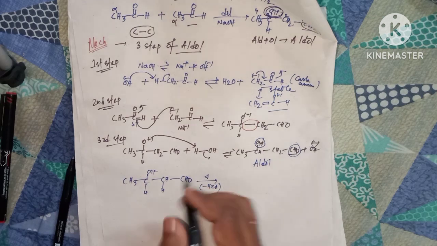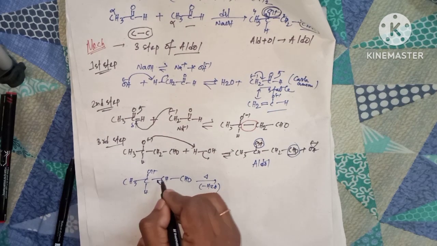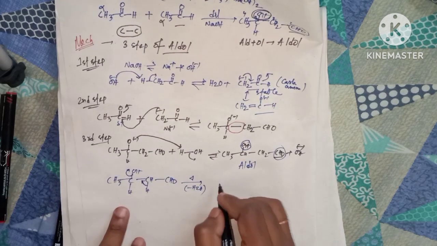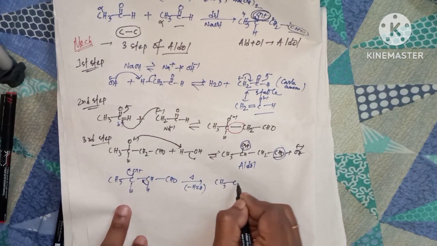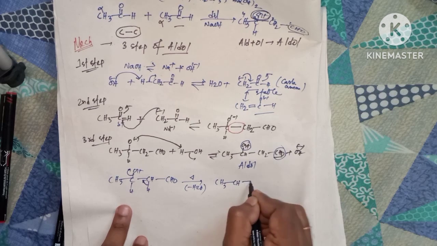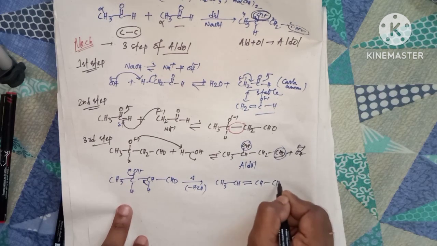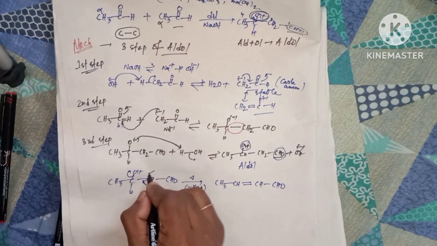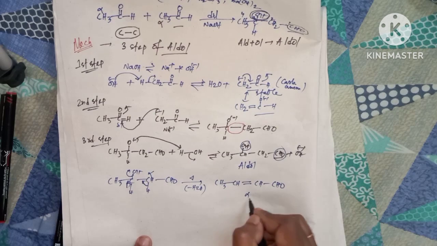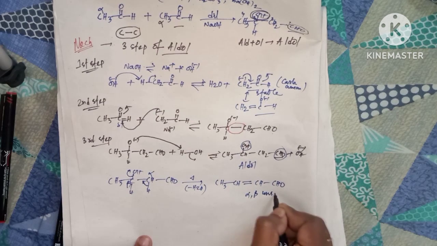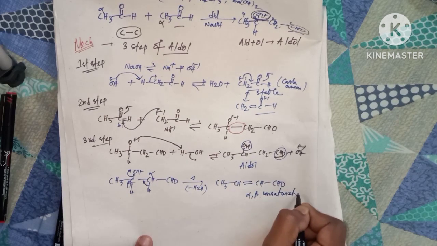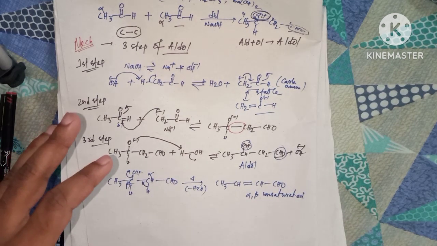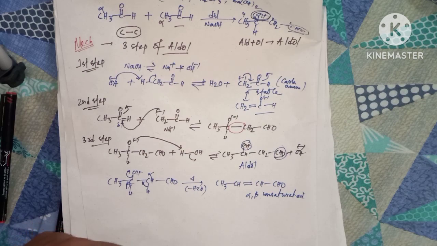It releases an H2O molecule and forms CH3CH=CHCHO, and this is called the alpha-beta unsaturated product. This is alpha and this is beta. So this is the mechanism of the aldol condensation reaction.